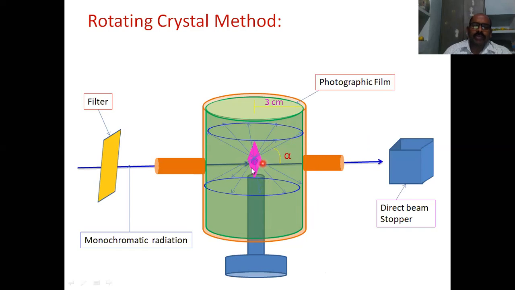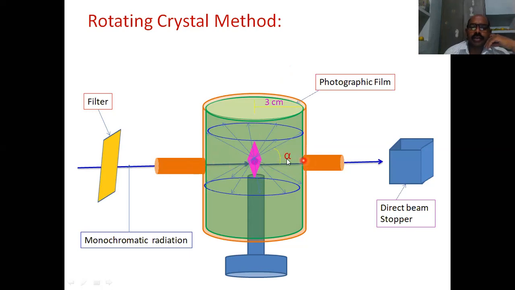If a plane is perpendicular to the angle of incidence, that means perpendicular to the axis of the X-ray, then corresponding to those planes the reflection is on this equatorial plane, or we can say the plane passing through the center.